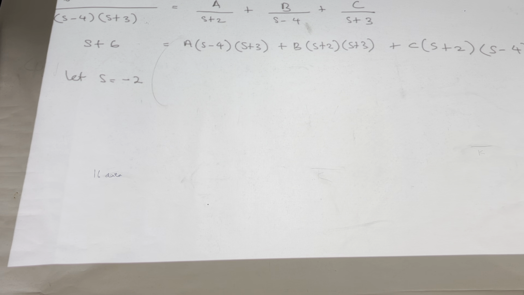So minus 2 plus 6 is 4. A multiply minus 2 minus 4, which is minus 6. Minus 2 plus 3 is 1. 1 multiply minus 6, minus 6. B and C is 0, right? This one minus 2 plus 2 is 0, also 0. So let me do the calculation here. Minus 2 minus 4 is minus 6. Minus 2 plus 3 is 1.